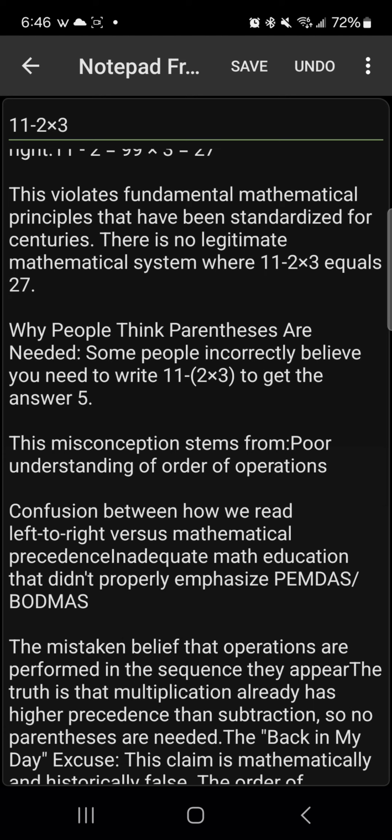And this misconception stems from a number of things. Generally, it's poor understanding of the order of operations. I blame a lot of it on the acronyms like PEMDAS and BODMAS. People just remember 6 letters and they go, well, wait a minute, there is a P at the beginning, so that means you have to have parentheses.